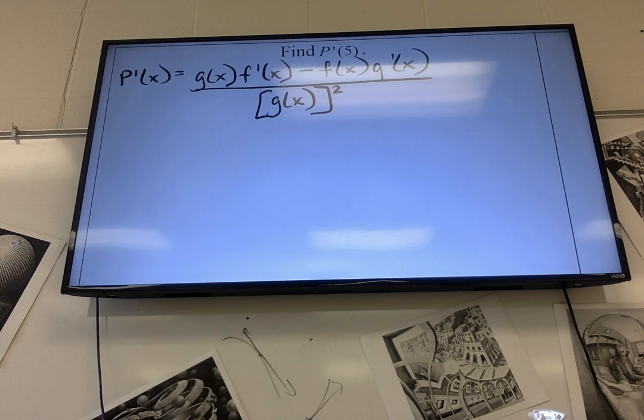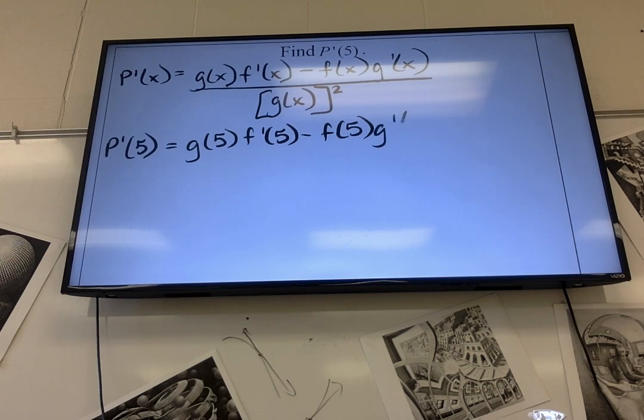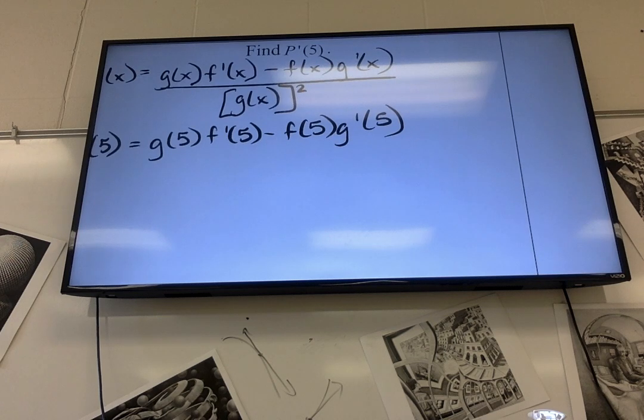All right, so here we go. Now I'm going to plug in that 5. So this means we're going to find g of 5. We're going to replace all the x's with 5. G of 5 times f prime of 5 minus f of 5 times g prime of 5, over g of 5 squared.